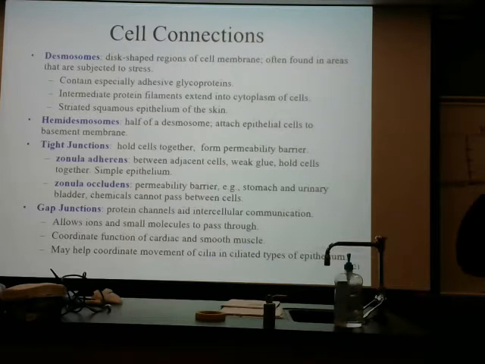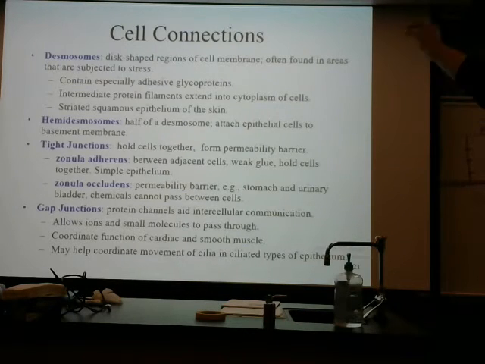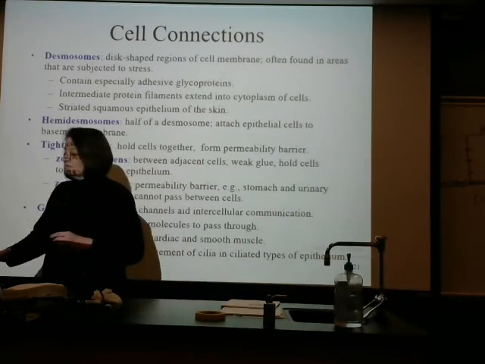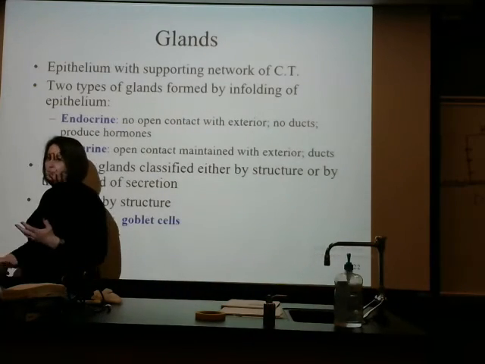It is every single cell doing its own thing, and because everything is so coordinated among the cells and the gap junctions, the heart beats as one unit, but it's every individual cell doing its job. So that's kind of cool. So these cell connections, they are important.